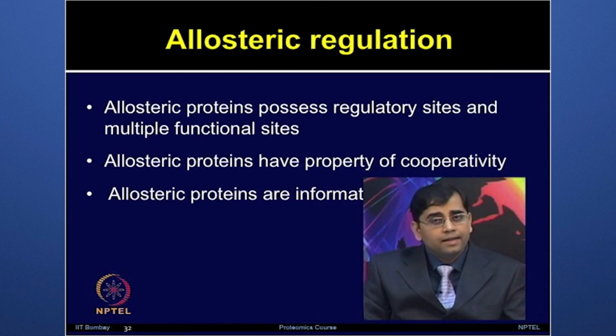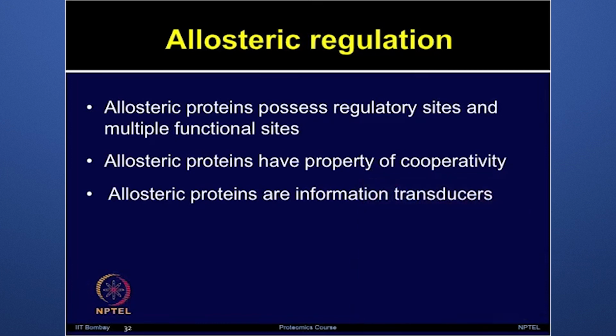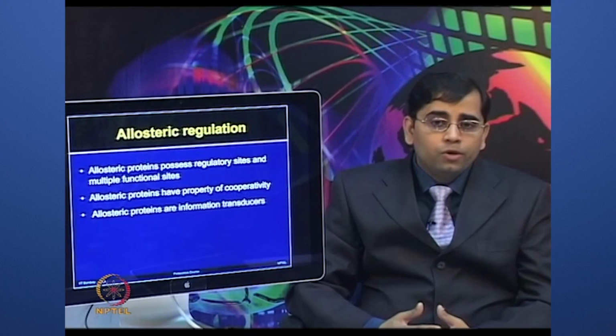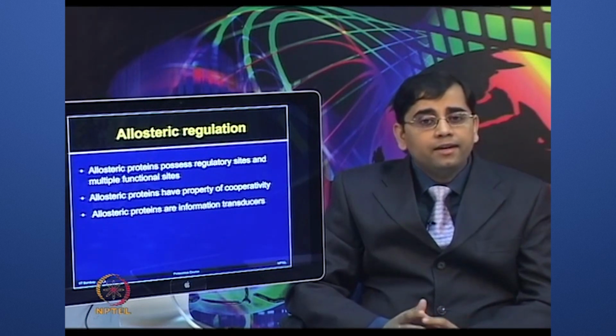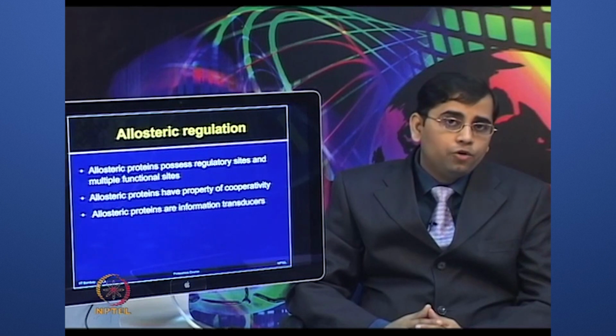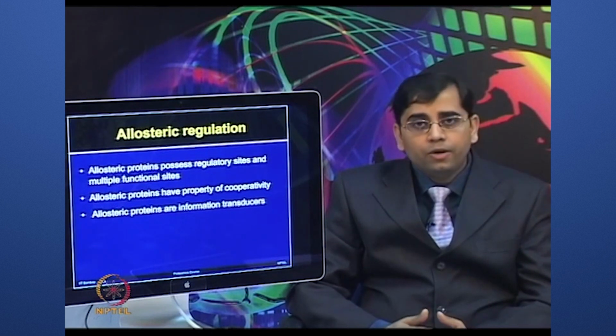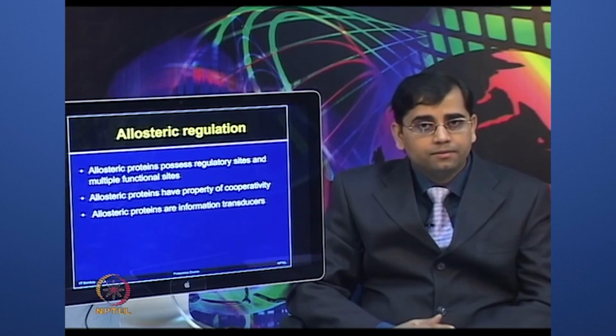Let us take the example of hemoglobin, where the oxygen binding curve is sigmoidal, that is, a cooperative binding behavior. So, binding of hydrogen ion and carbon dioxide promotes release of oxygen, and there is an allosteric linkage between binding of hydrogen ions, carbon dioxide and oxygen.